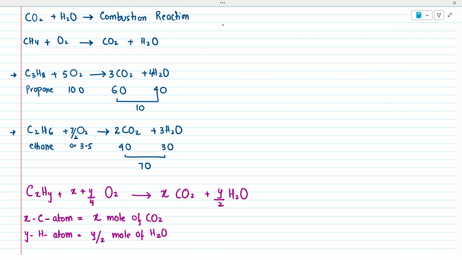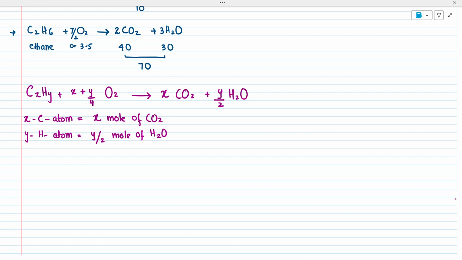And for the oxygen, we have a factor x plus y over 4. This factor is used to balance, and this general equation is very helpful when we have higher chain alkane molecules.